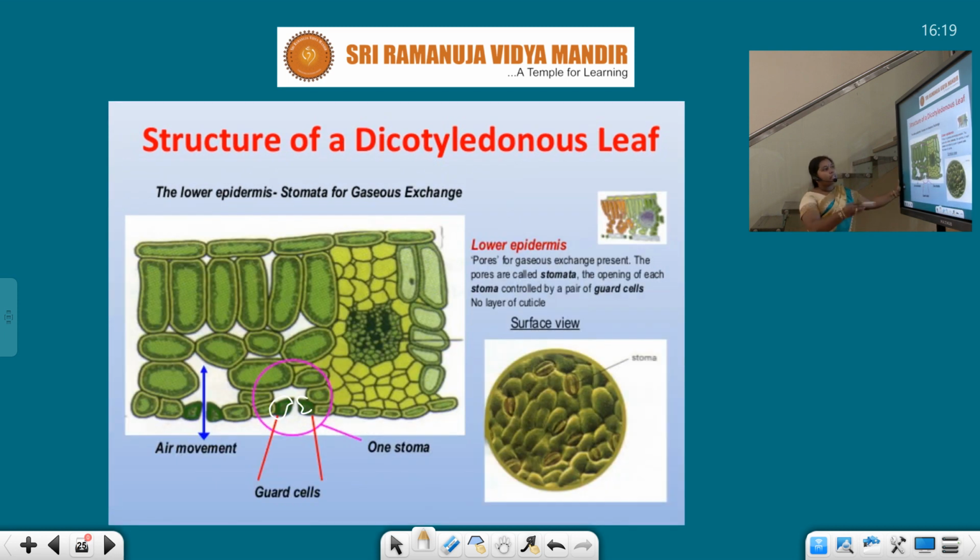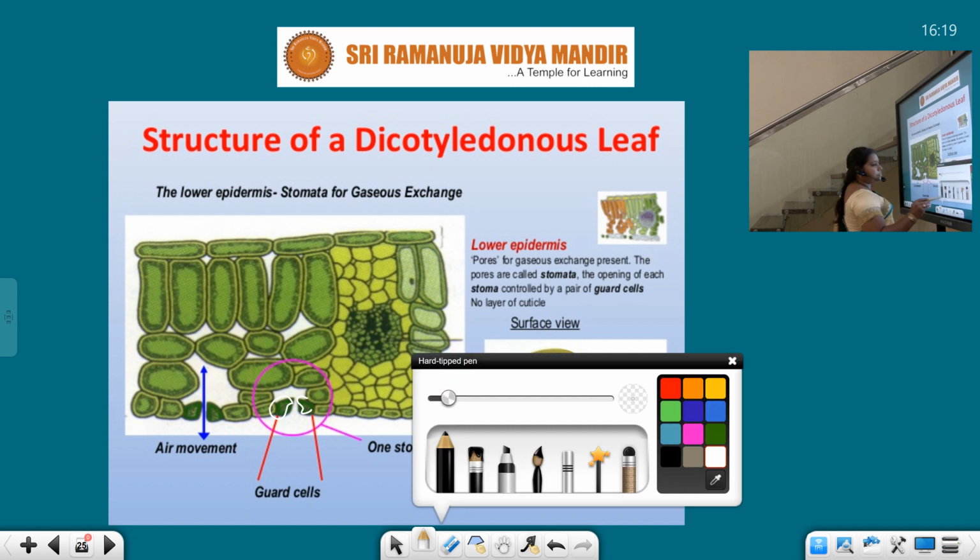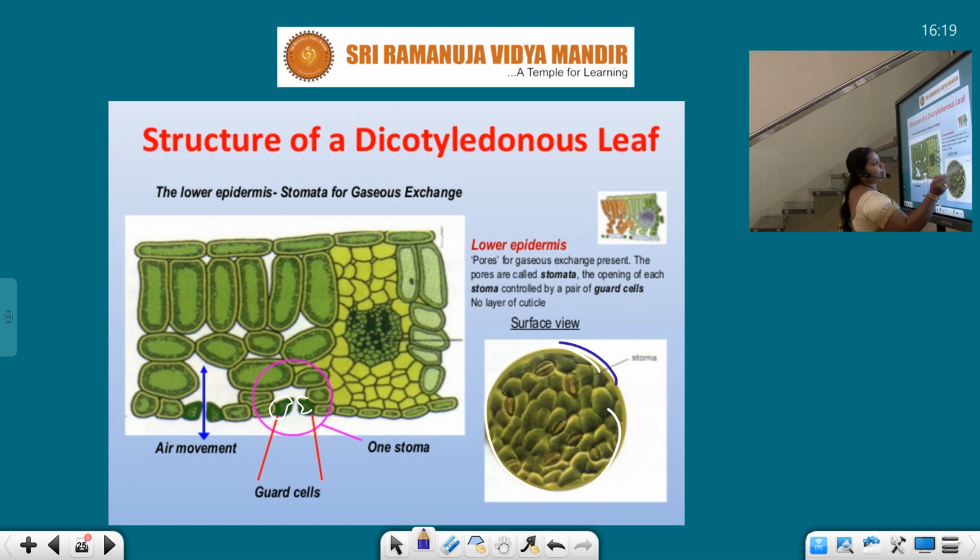Next, structure of the dicotyledon, the same structure, students. So, these are the stomata. In the lower epidermis, students, we should talk about the stomata. Pores for exchange of gases are present. You can say small openings are there.